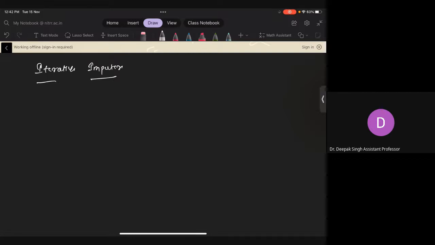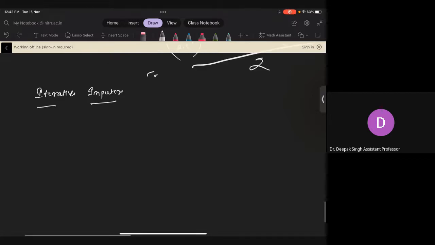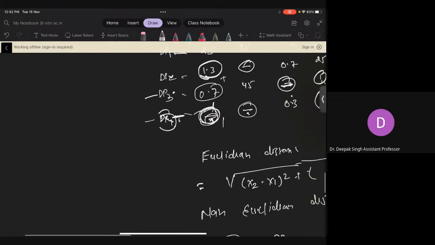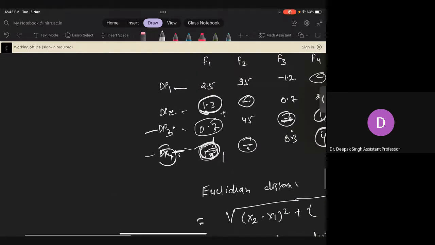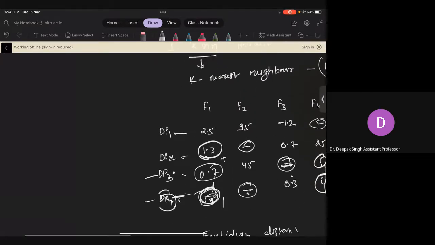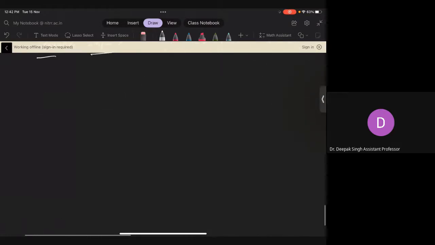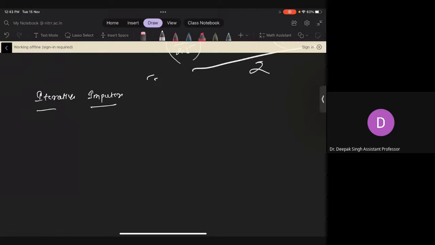And in the lab session, we'll take these imputers. I have already prepared the Jupyter notebook files, and we are going to execute those notebooks in the lab environment and see the effects. If we increase or decrease the k value, like I took k2, what would happen if I take k3, k4? Will it improve the model performance or will it decrease it? Those things we'll see in the lab.